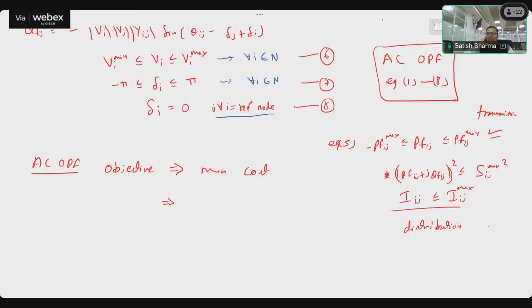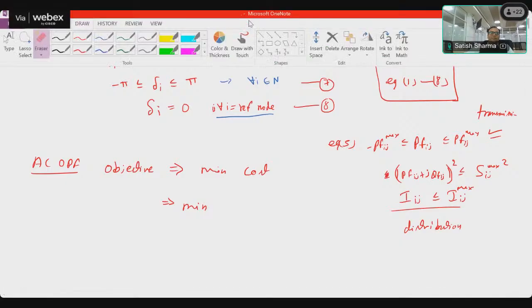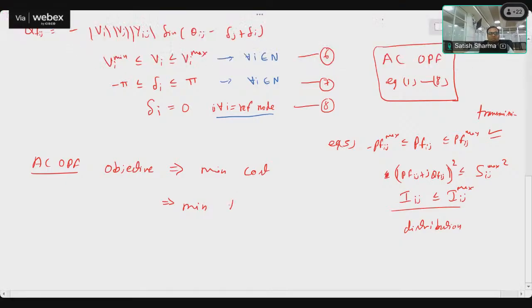Okay, can somebody tell me? Sometimes we can have an objective function of minimization of total network losses, like we want to minimize the network losses. So in OPF we still want to optimize everything.